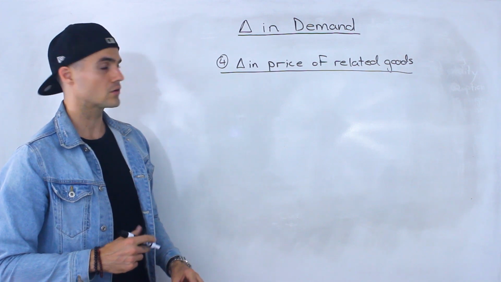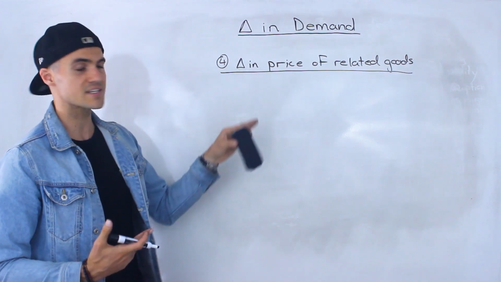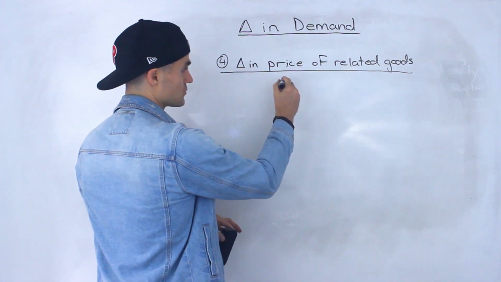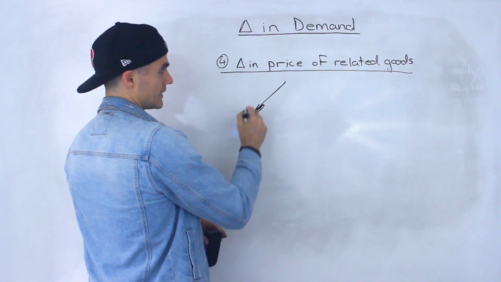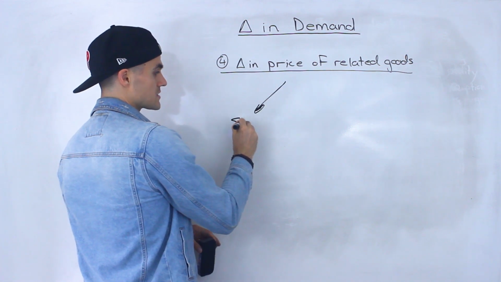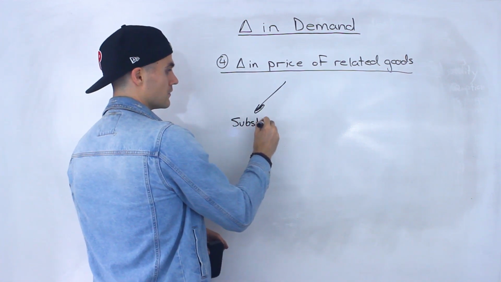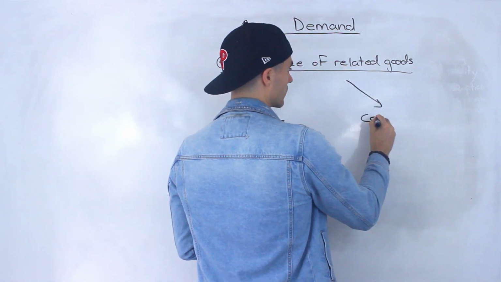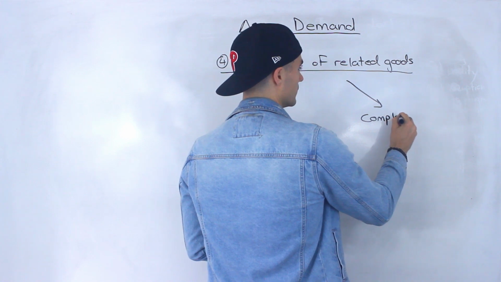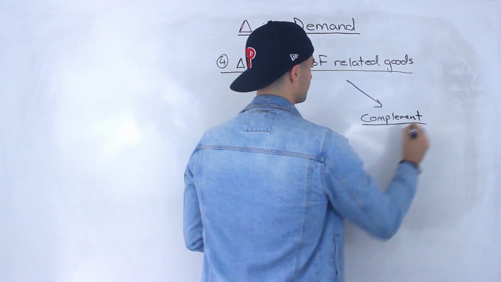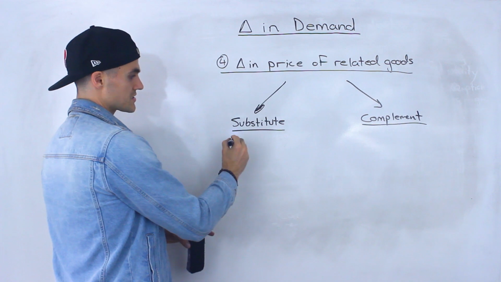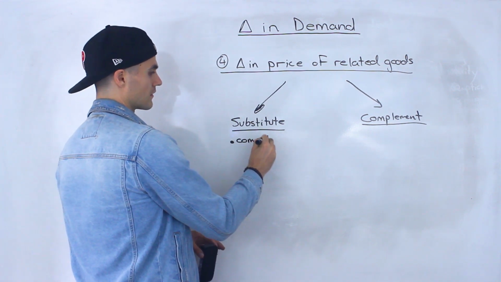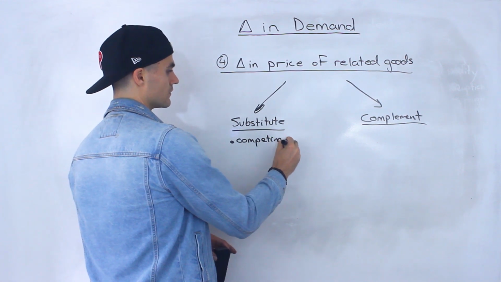Now, the fourth factor that we'll look at is the change in price of related goods. And this is actually split up into two cases as well. It depends if that related good is a substitute or a complement or a complementary good. Okay, now a substitute good is basically a competing product or good.